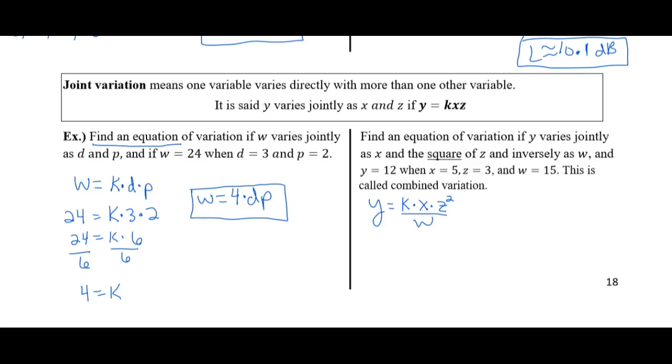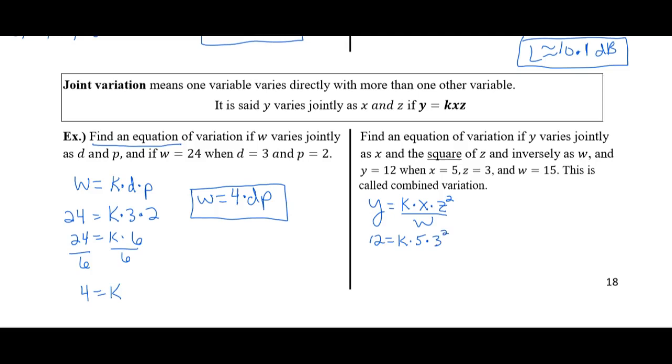And if y equals 12 when x equals 5, z equals 3, and w equals 15, we can find the variation constant. So plugging in everything we know. Y was 12. We don't know k. X is 5. Z is 3.